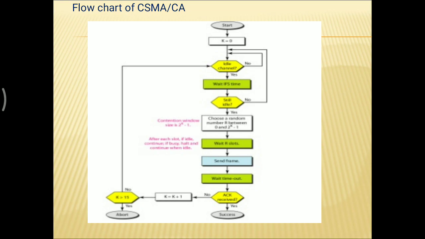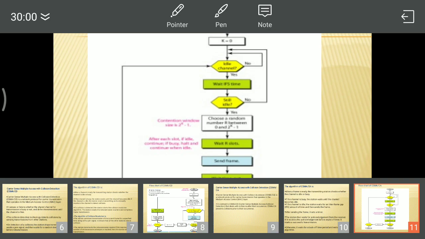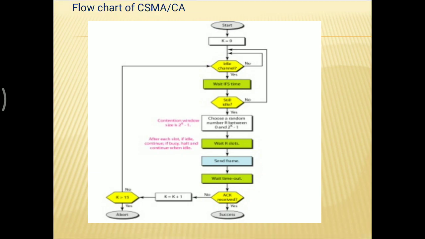Here, for the number of attempts, we define k equal to 0 for the first attempt, and if the channel is free, then we transmit the data. Whenever the station finds that the channel is free, it will wait for the interframe space, or interframe gap, that is some period of time.